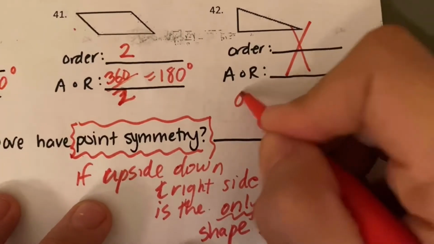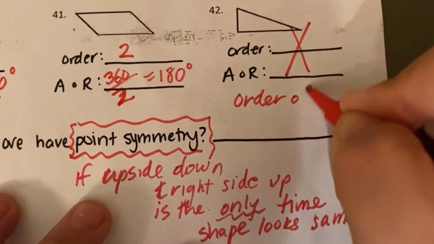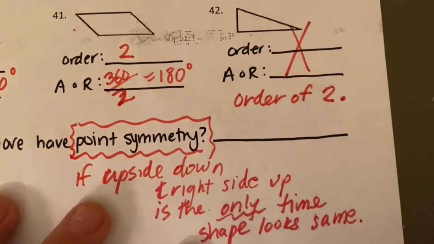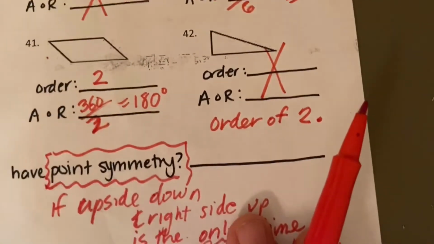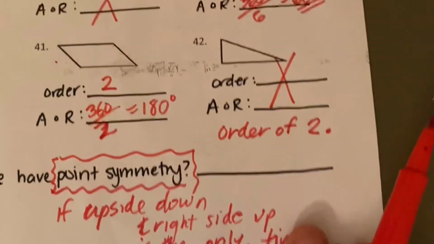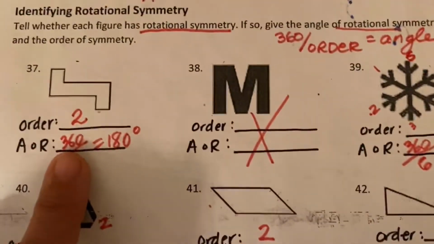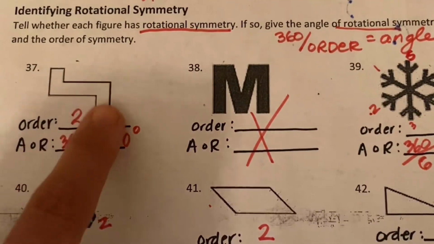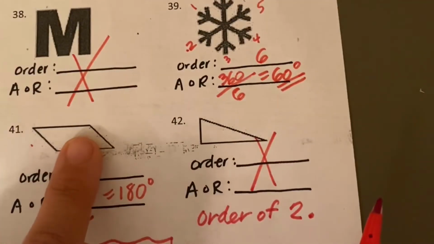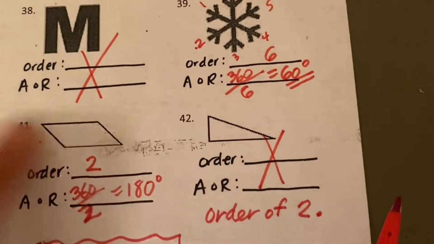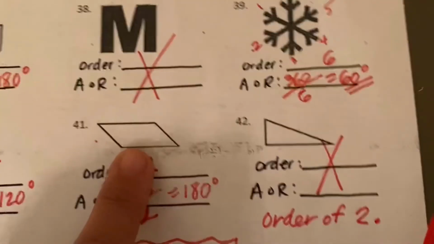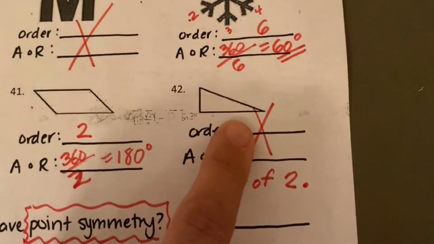Okay, that means it must have an order of 2. So the quickest way to determine if something has point symmetry is if it has an order of 2. So when we look up here, we had 3 that were orders of 2. This weird crowbar looking thing, the parallelogram. And, oh, I said 3, but I got that wrong. That one was not.